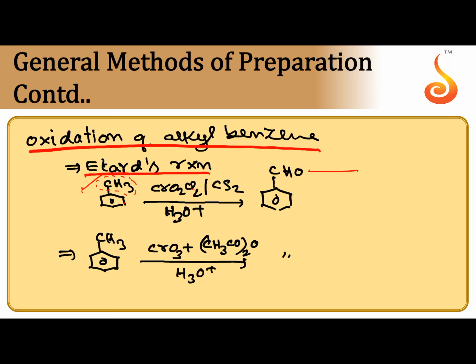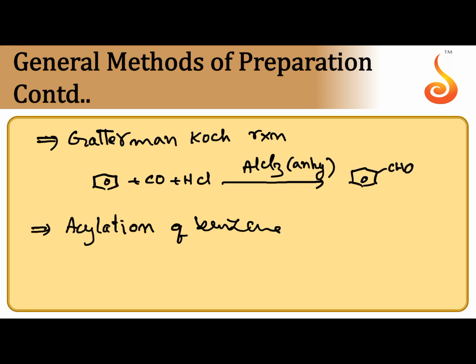Instead of chromyl chloride, we can use chromic oxide and acetic anhydride. Same process takes place via intermediate. We can get benzaldehyde.